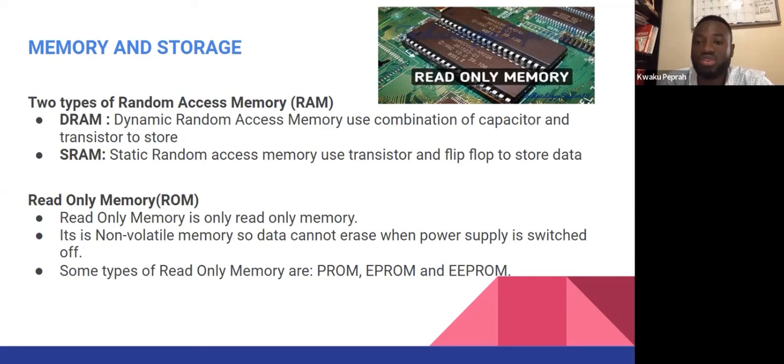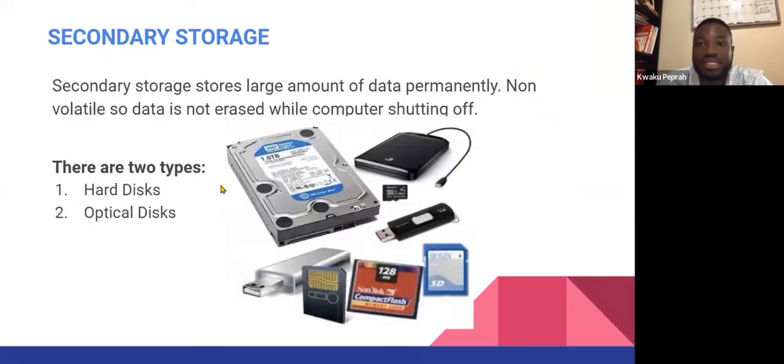Once the data is on the read-only memory, after you switch the power off, it is still going to be on. Some types of read-only memory are PROM, EPROM, and EEPROM, which we're going to talk about later.